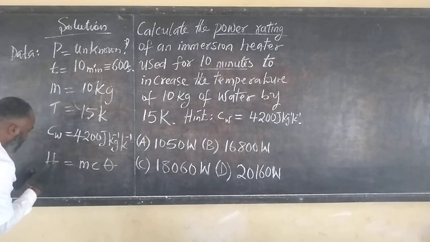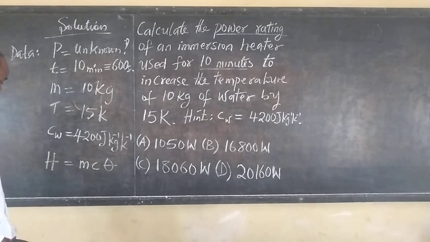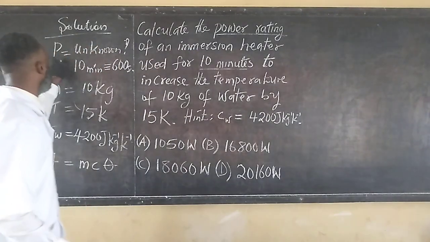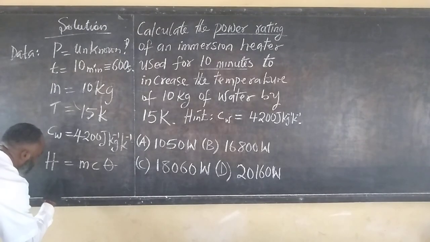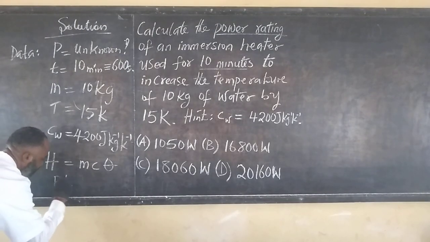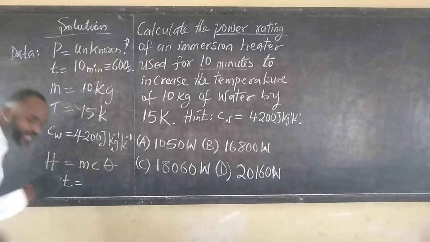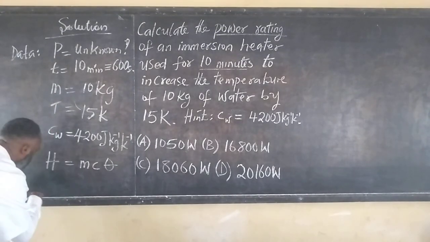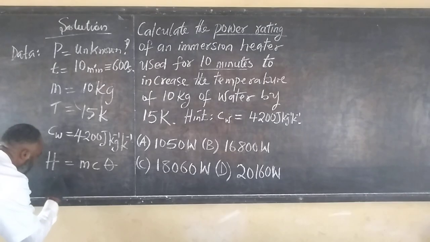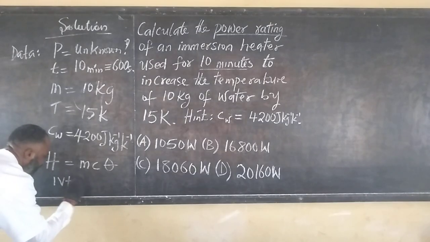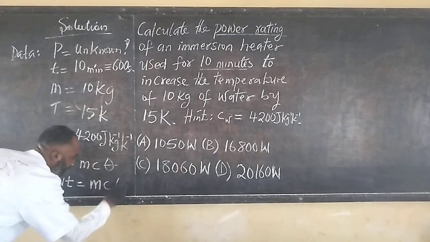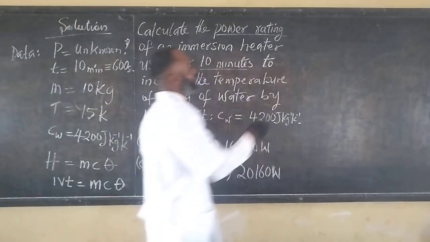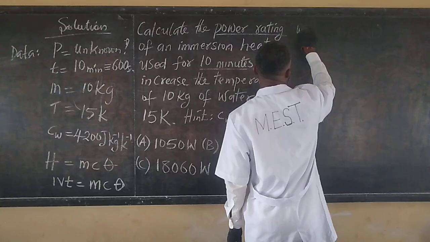But this time, H has taken the place of power rating, so we use P. For clarity, we can use IVT equals mc theta, where IV represents the power.